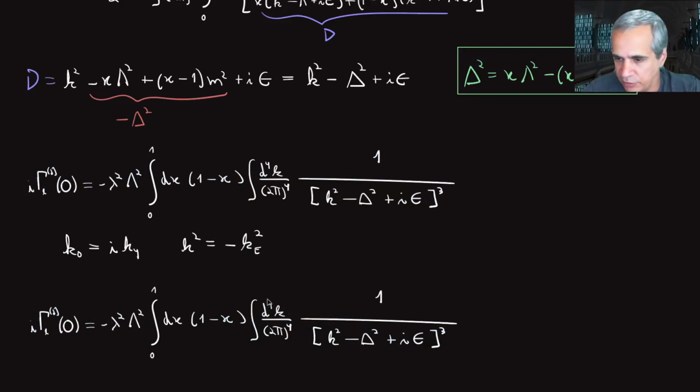When I change d4k to d4k Euclidean, there's a minus, there's an i that I'll put up front. Right? So minus i lambda square. And I also get this guy to become minus k Euclidean. There's an overall sign here that I'm taking out, so this becomes positive, plus delta here, minus i epsilon, right?